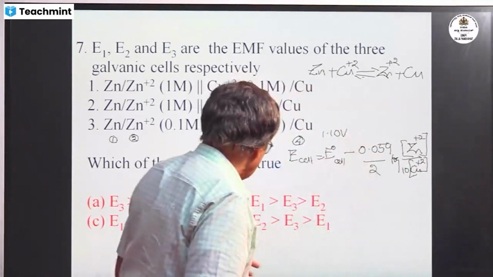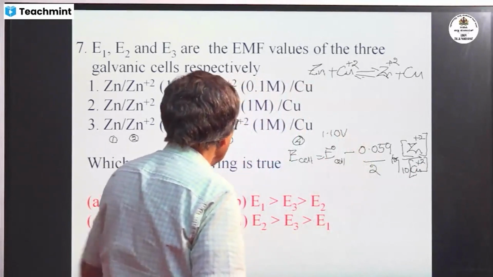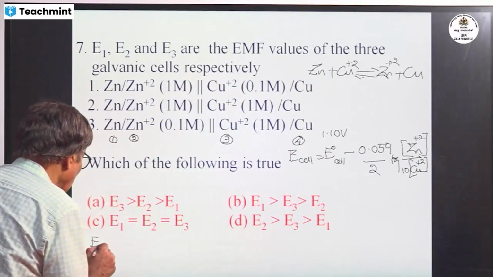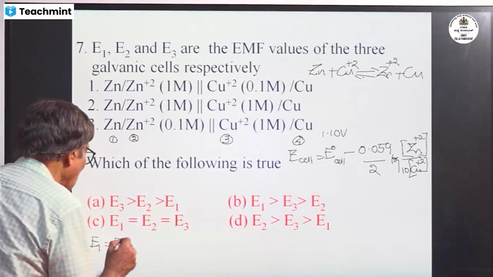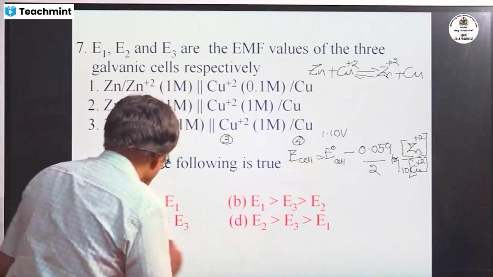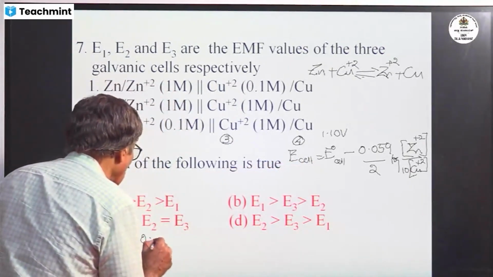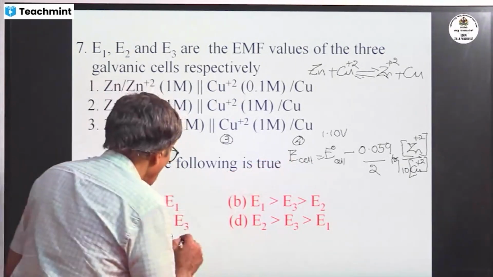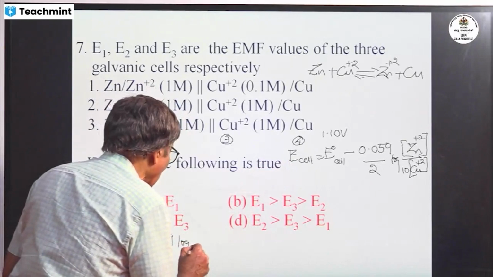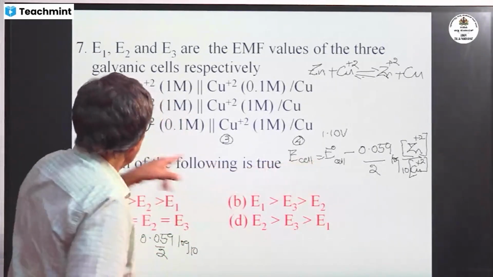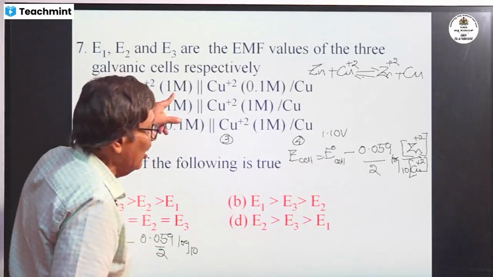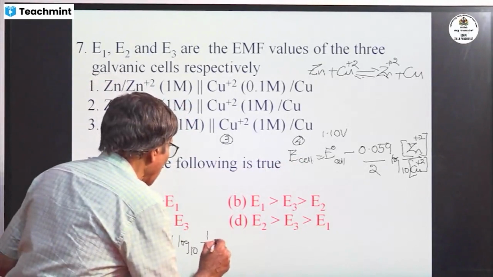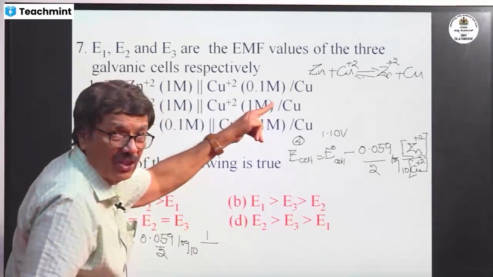Now, let us see what is E1. E1 is E naught, which is fixed, minus 0.059 by 2 log to the base 10 of, in the first, what is the concentration of zinc ion? It is 1, divided by the concentration of copper ion, that is 0.1.